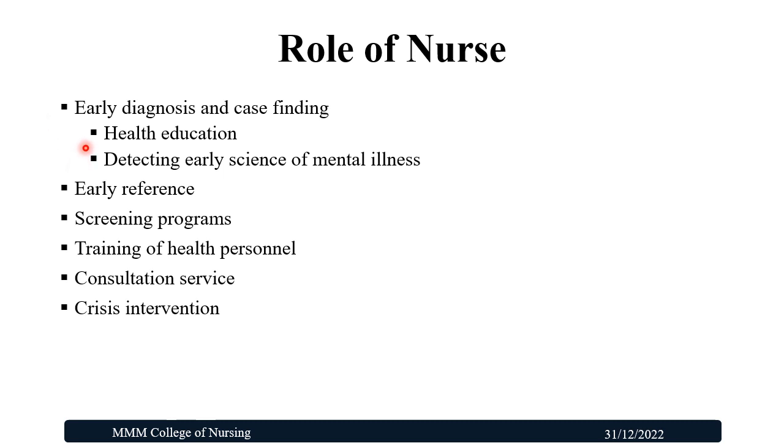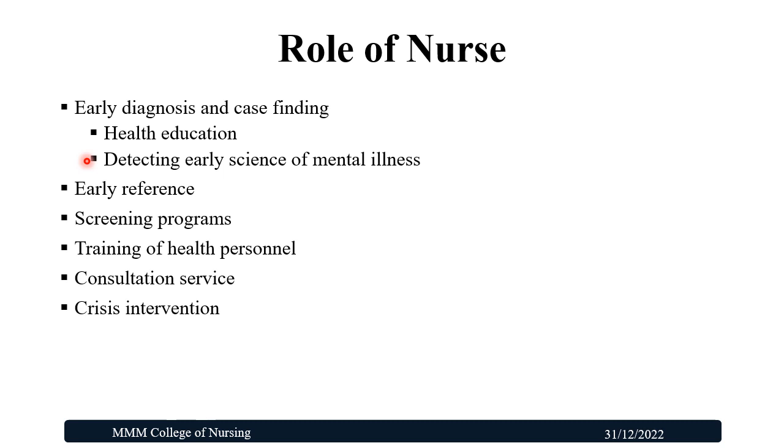Under this, health education also is important, giving health education to the community leaders, industrialists and Mahila Mandals and Balwadis, etc., detecting early signs of mental illness. The community mental health nurse detects the early signs like increased level of anxiety, decreased ability to cope with stress and failure, even people who have attempted suicide.